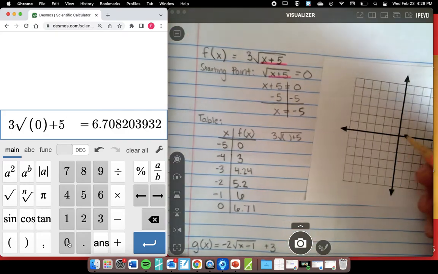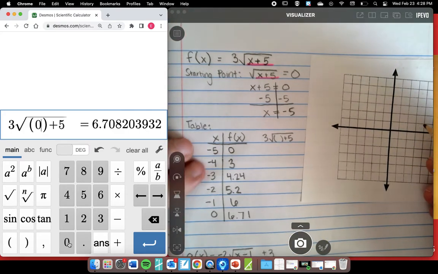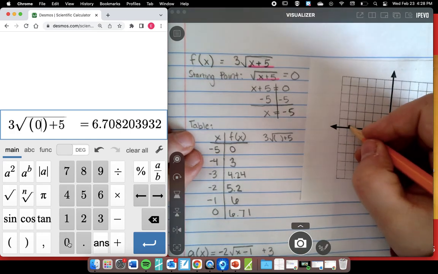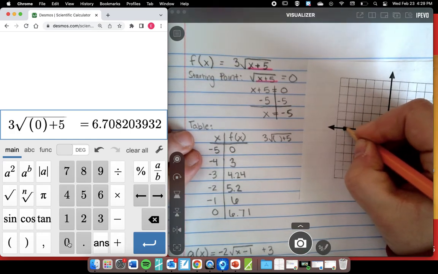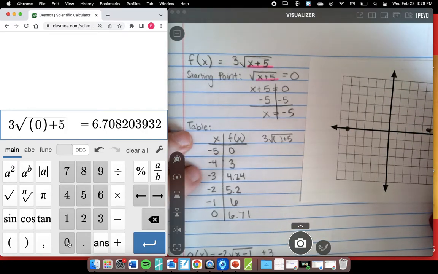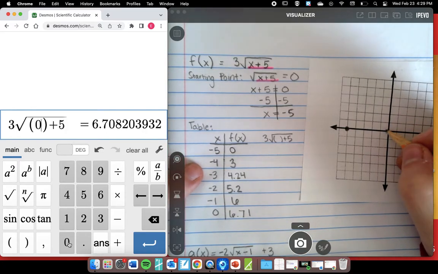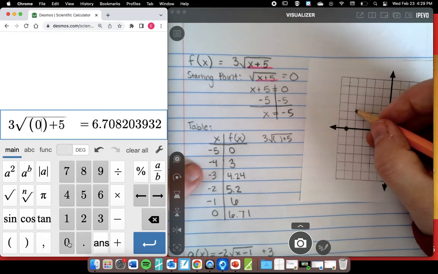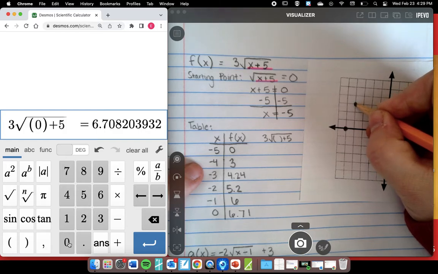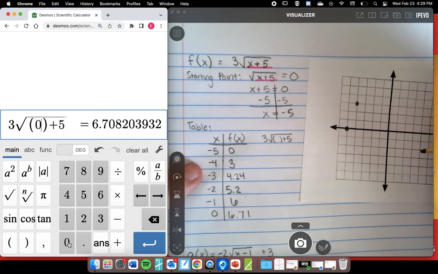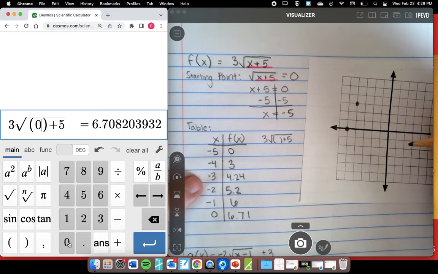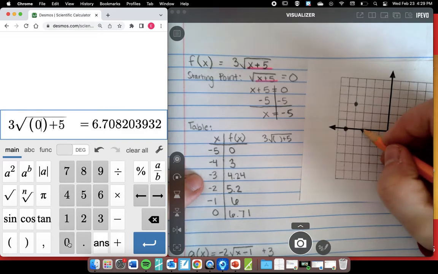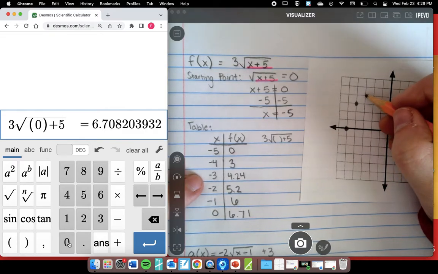So then we're going to go to our table and we're going to graph those points. We have negative 5, 0. So I'm going to go left 1, 2, 3, 4, 5. Then 0 stays there. Negative 4, positive 3. So left 1, 2, 3, 4. Positive 1, 2, 3. Negative 3, 4.24, so negative 3, and then up 1, 2, 3, 4.